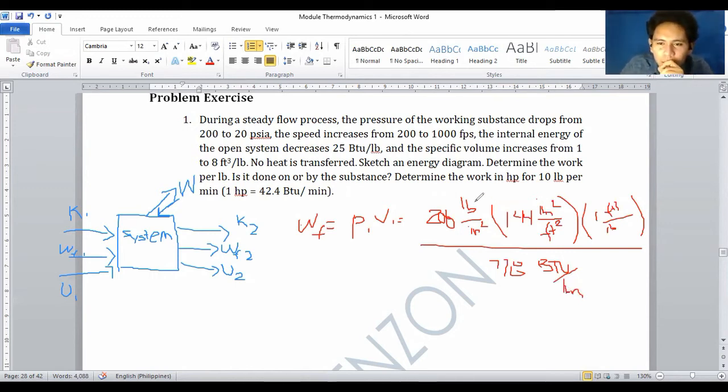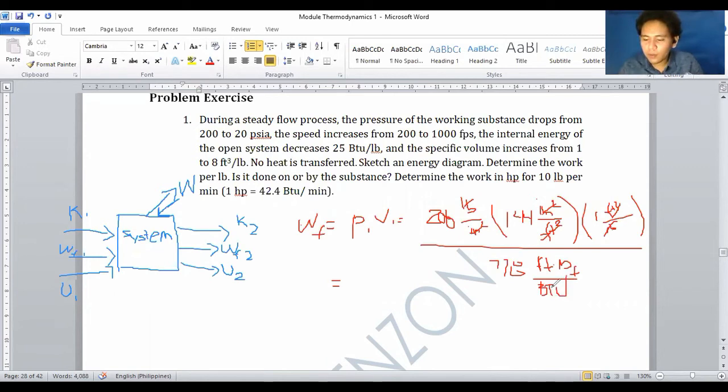Okay, we have to cancel pound, your inches squared to inches squared, your feet squared to feet squared. All we have left is, sorry, we have it wrong. This is feet pound force per BTU.